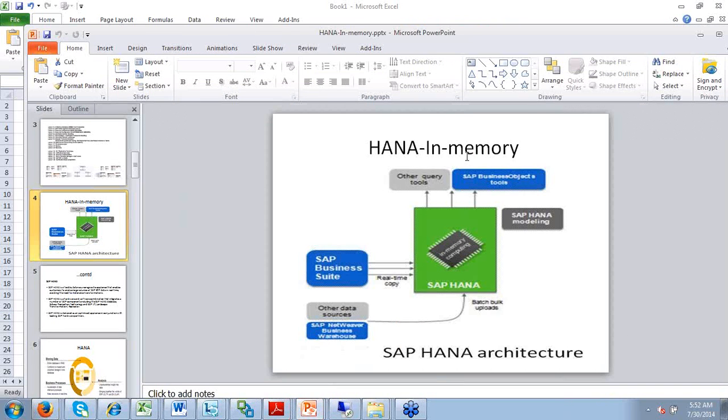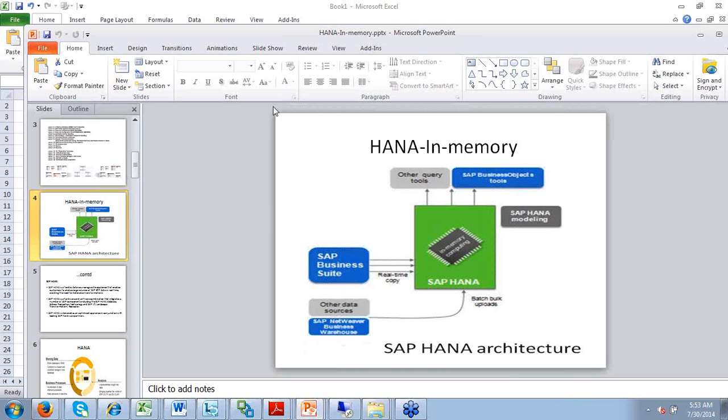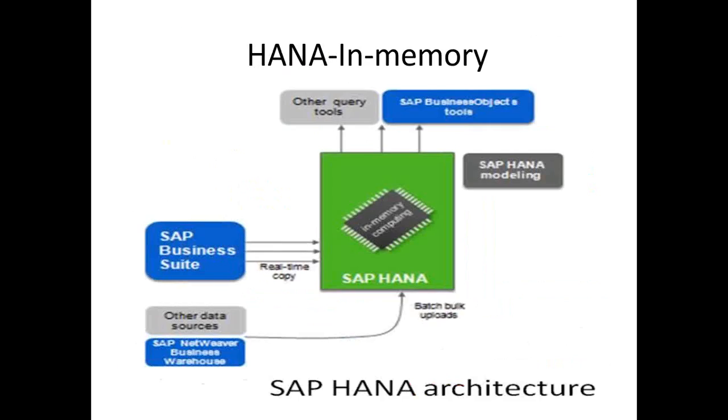So if you're looking at understanding the appliance, SAP HANA is an in-memory database. To look at the landscape here, this is the HANA Analytic Processing Appliance.